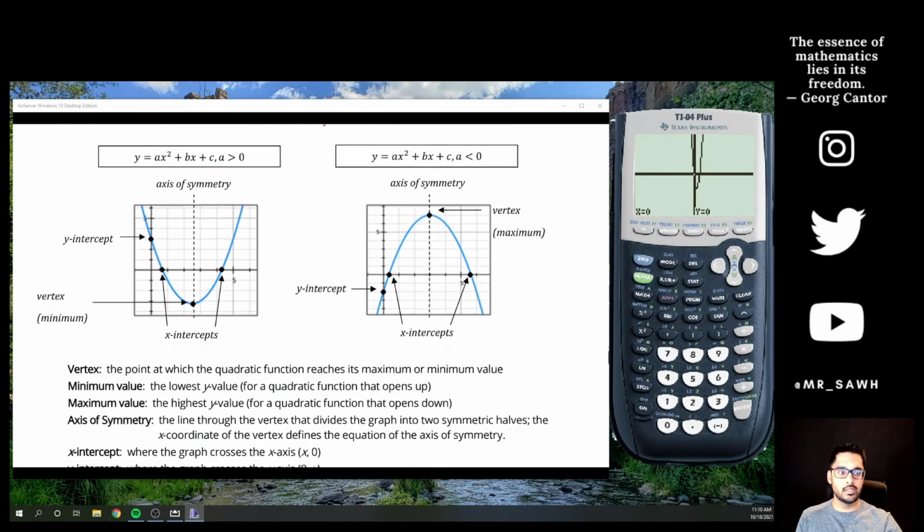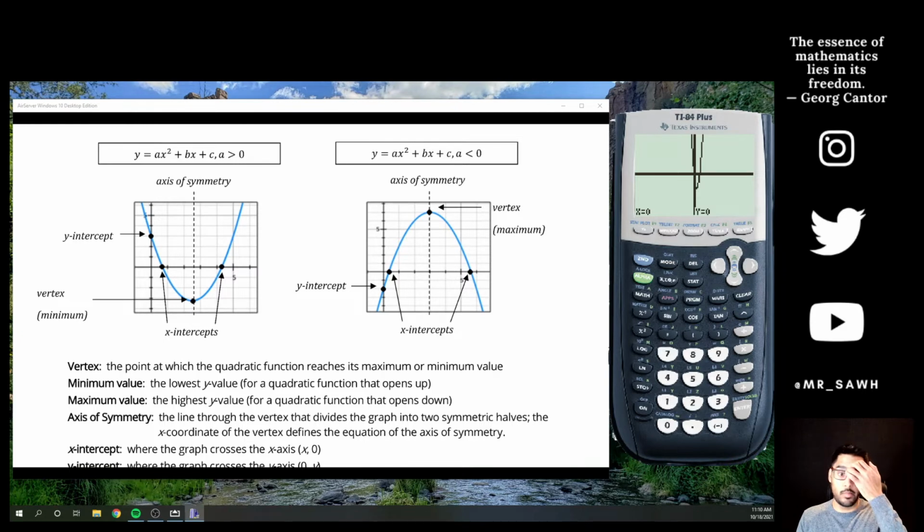Now, each of these is symmetrical. It's one of the properties about it. There is a line that you can use to cut it in half, where the left side and the right side are the same. And it will always be a vertical line through what we call the vertex. Okay, the vertex is the point that's either the biggest or the smallest point on this graph.